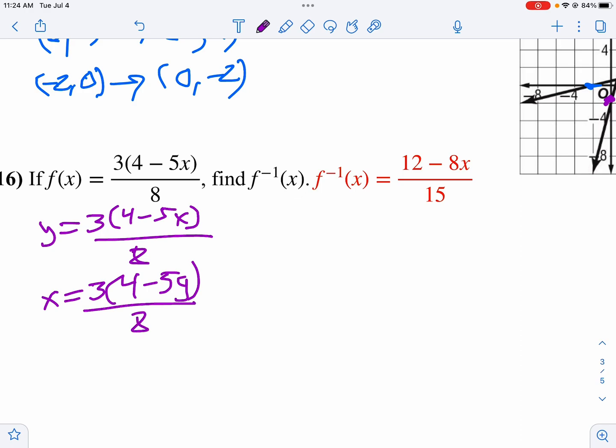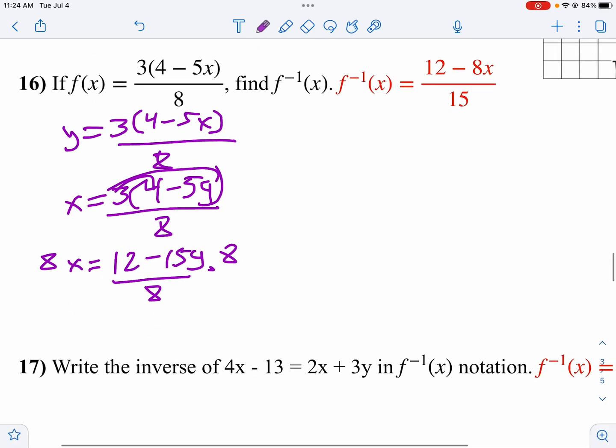Now I want to get y by itself, so I think I'll distribute first. So x equals 3 times 4 is 12, minus 3 times 5 is 15y, all over 8. I want to get rid of that fraction, so I'll multiply both sides by 8.